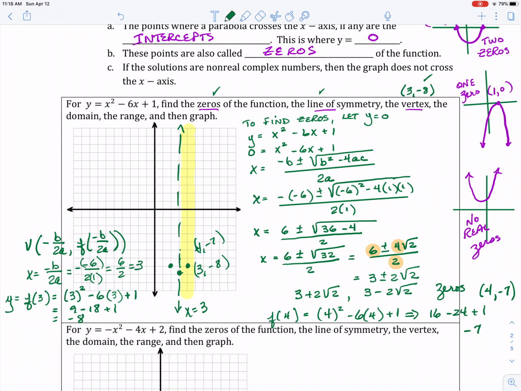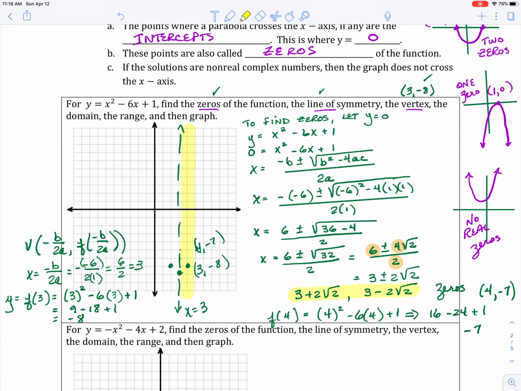And hang on, let me get my x-intercepts. I've got to go right back here, and I'm grabbing my calculator. Sorry, I didn't have that ready. So I'm typing in 3 plus 2 times the square root of 2. And I'm going to get a decimal approximation for that.